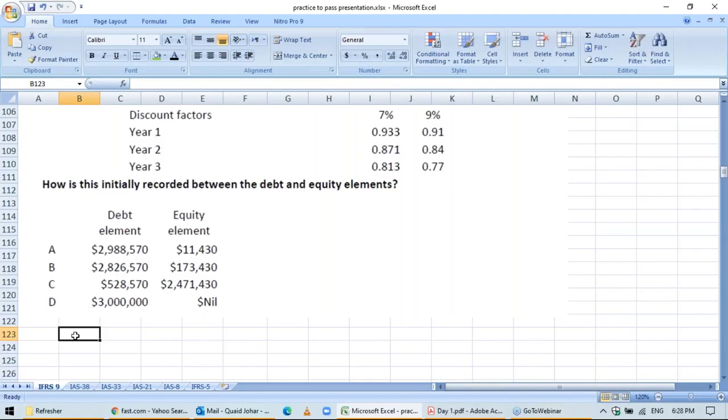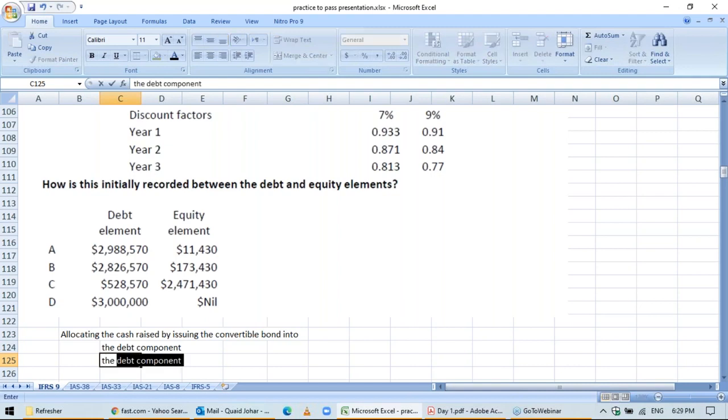So first we will separate the equity and the liability component. Step 1 is allocating the cash received by issuing the convertible bond into the debt component, or the liability component, and the equity component.